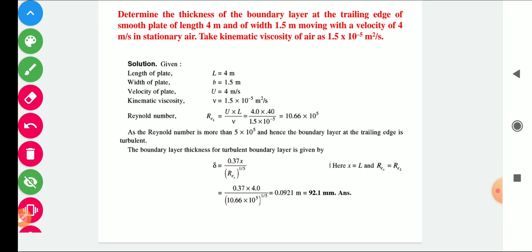In this problem, determine the thickness of the boundary layer at the trailing edge of a smooth plate of length 4 meter and width 1.5 meter, moving with a velocity of 4 meter per second in stationary air. Take the kinematic viscosity of air as 1.5 into 10 to the power minus 5 meter square per second.